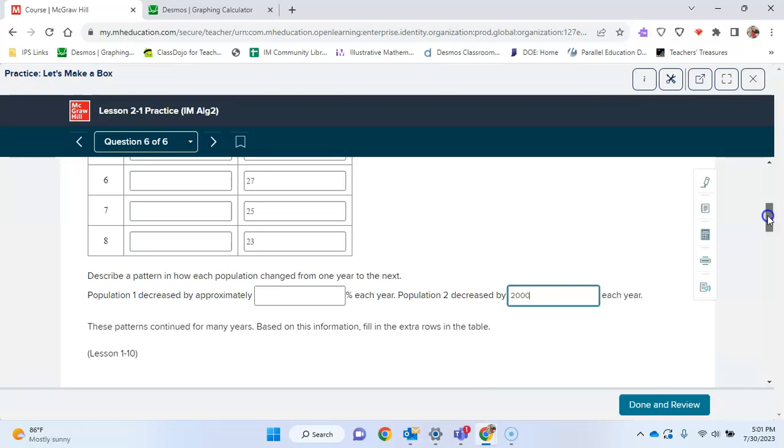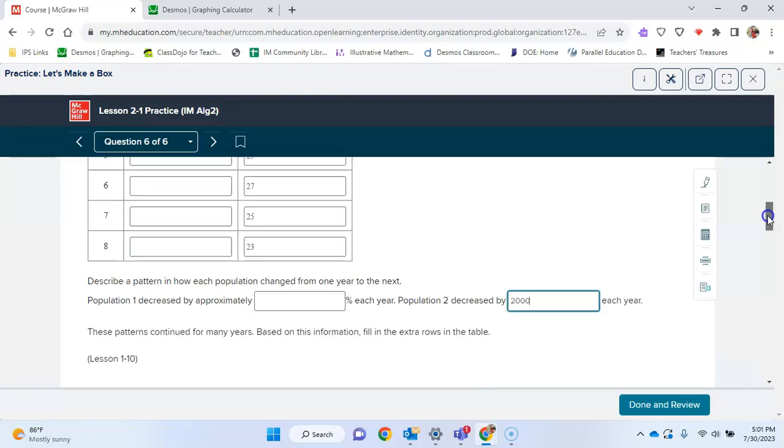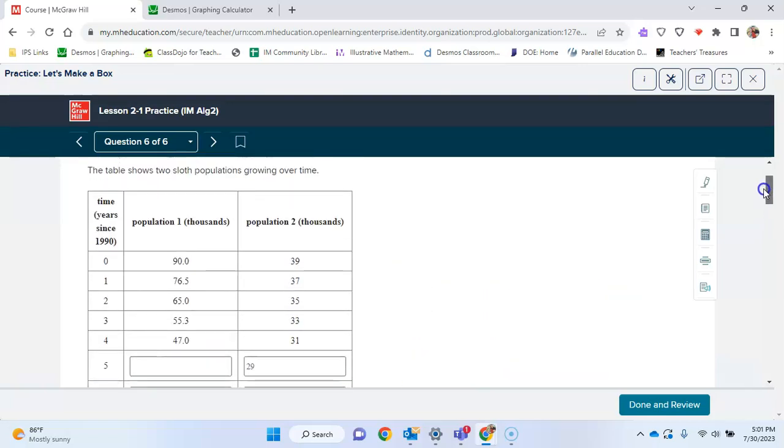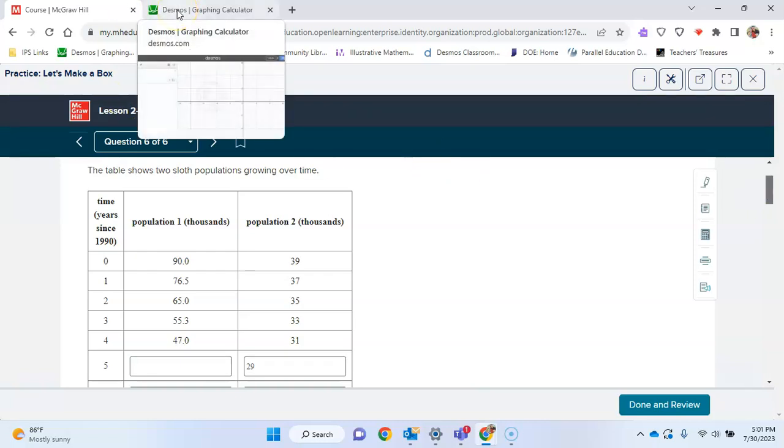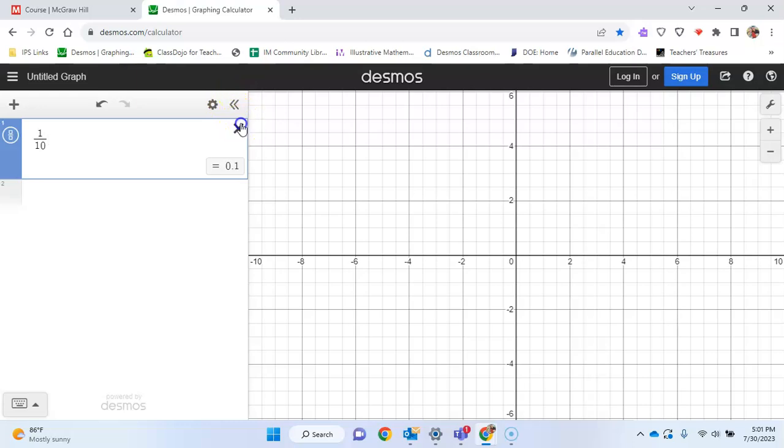Population 1 decreased by blank percent each year. All right, to figure that out, we would have to divide, right? 76.5 divided by 90. That is 85%.